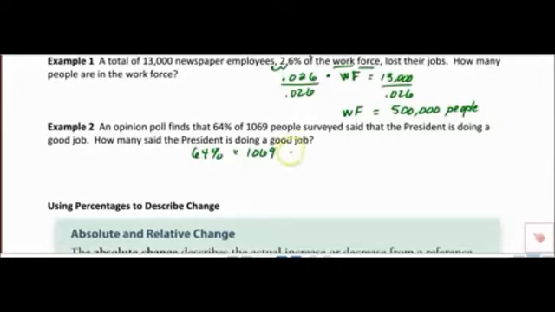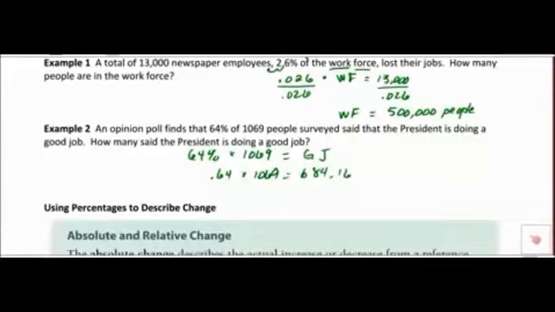We really kind of are setting up an equation because 64% of 1,069 are the number of people that said the president is doing a good job. So make that calculation. It's 0.64 times 1,069.